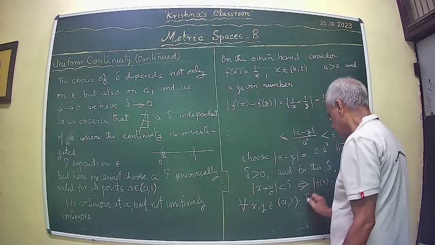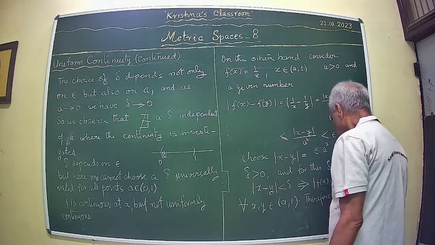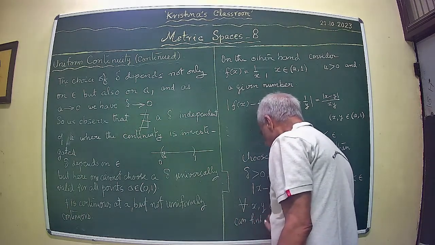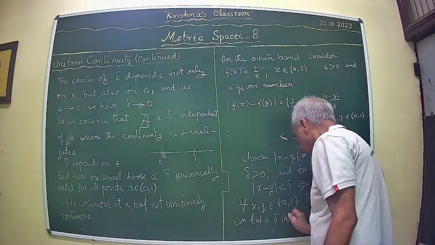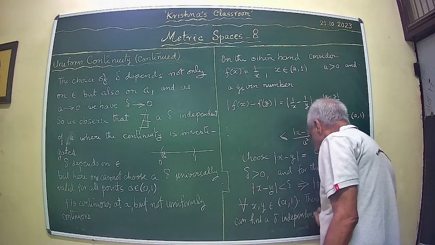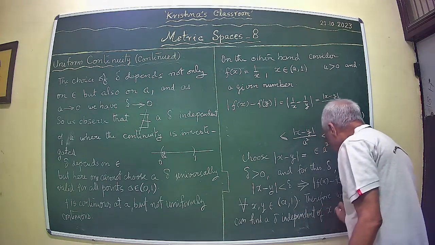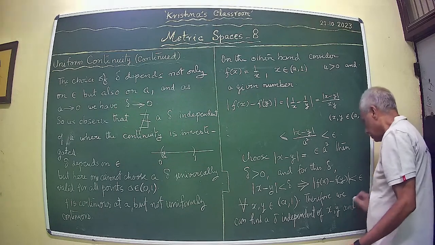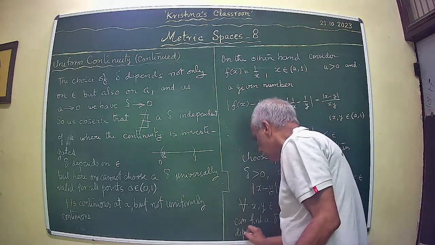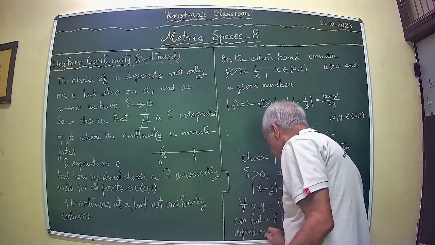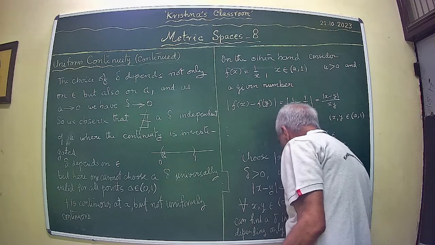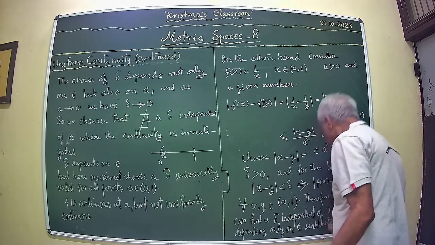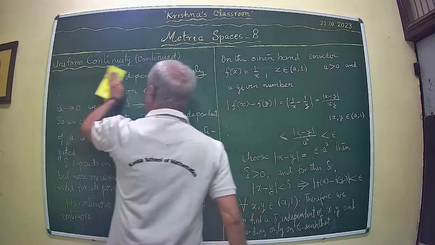Therefore we can find a delta independent of x, y and depending only on epsilon such that the continuity condition is satisfied.